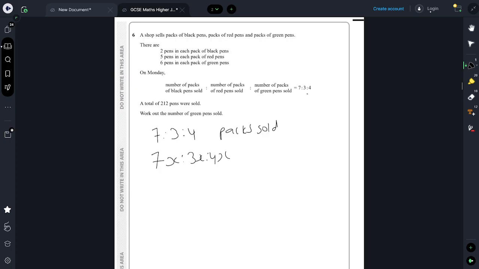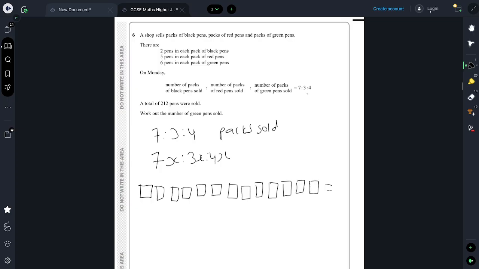You could also, I guess, draw 7 boxes, 7 parts of black, and then 3 other parts of red, and 4 other parts of green, and we know in total the parts have to be 200, not 212.